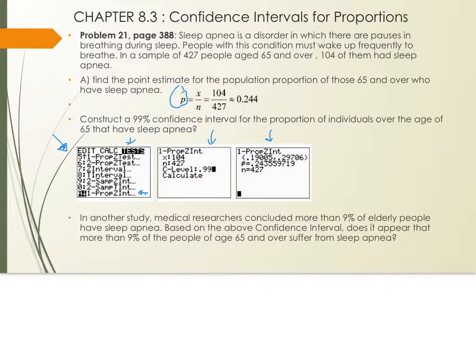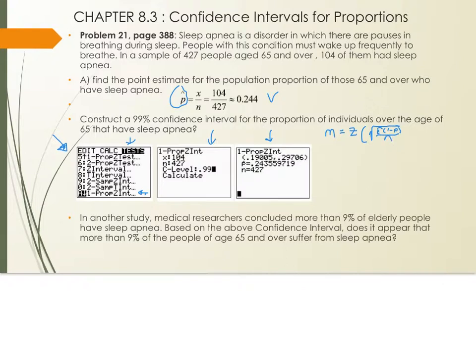29.7%. So if we had to do this by hand, we already have our p hat. Then we're going to calculate a margin of error. The margin of error here is equal to the z value times the square root of p hat times 1 minus p hat divided by n.